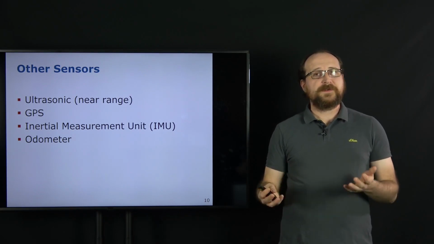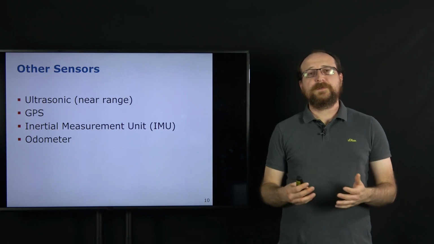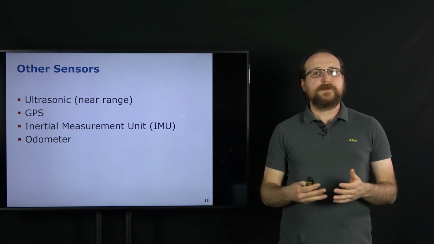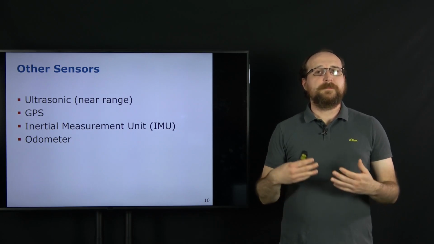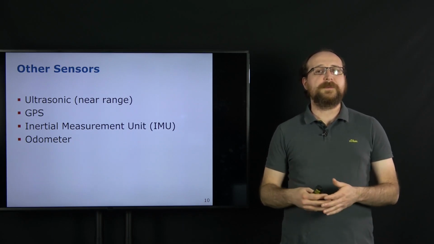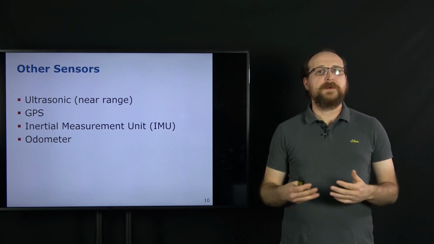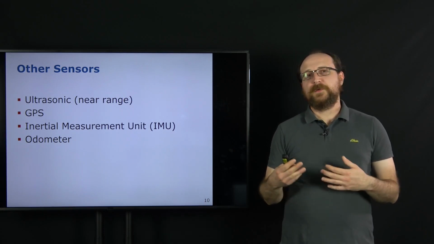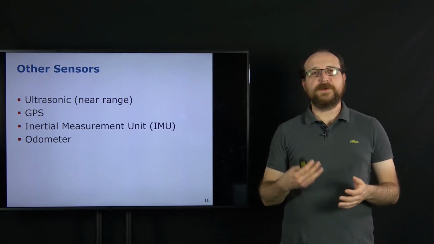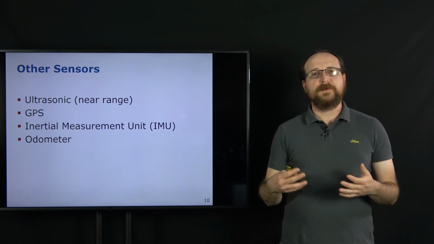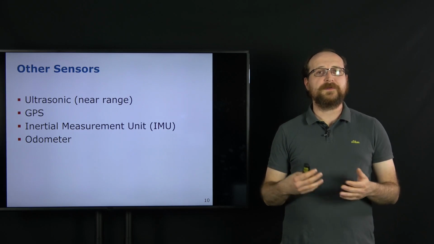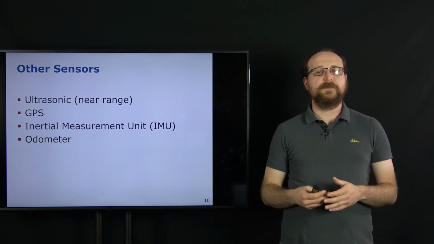The inertial measurement unit allows us to measure the velocity and acceleration, which we can use as a short-time motion estimate of the car when it is driving. The odometer, which basically measures the speed of the car, can also give us some information about the state of the car and how it is moving.